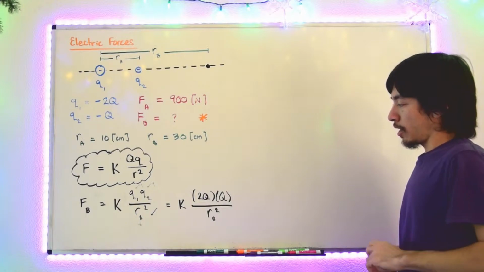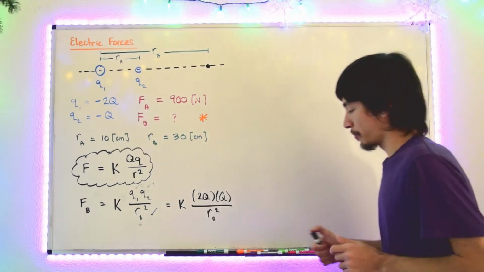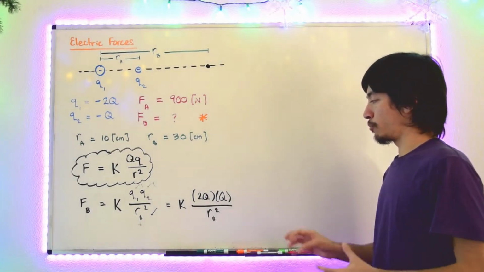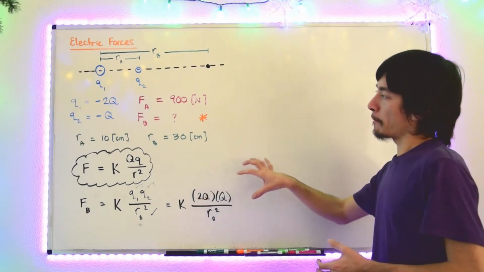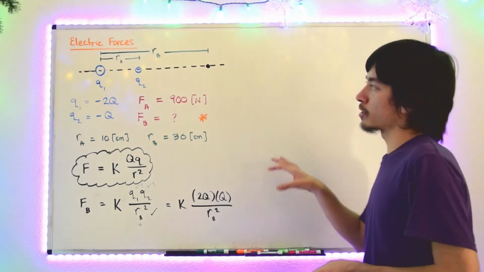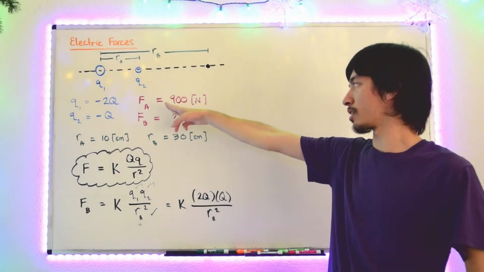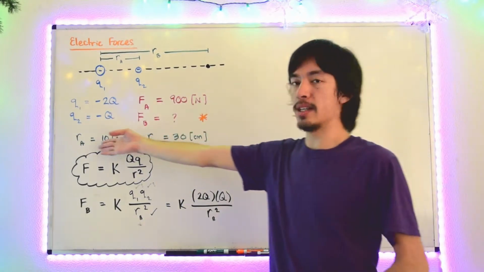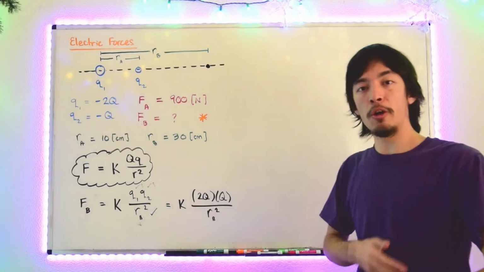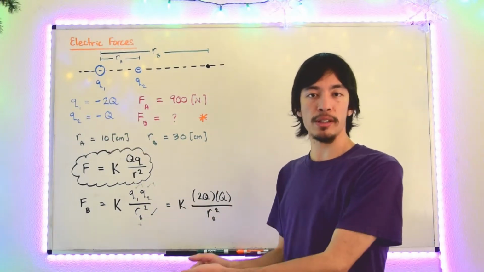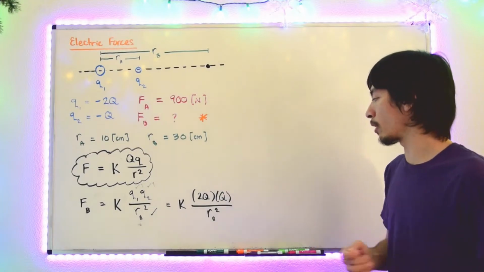So now here's what we're going to do. We don't really have too much to work with in here, but we do know some stuff about situation A. For instance, we know how much force is felt in situation A and the distance associated with it. So we know more information about a different situation than the one we're trying to solve for.